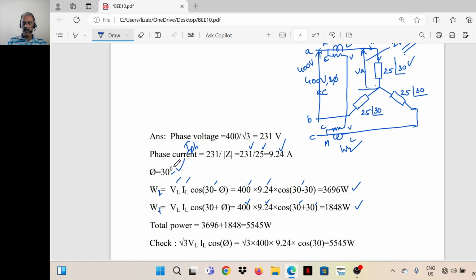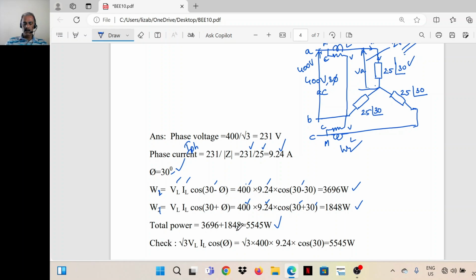So power factor angle is 30. Here one wattmeter reading is half of the other. When the power factor angle is 30, one of the wattmeter readings will be half of the other one. Total power is the sum of these two, 3696 plus 1848, that is 5545 watts.